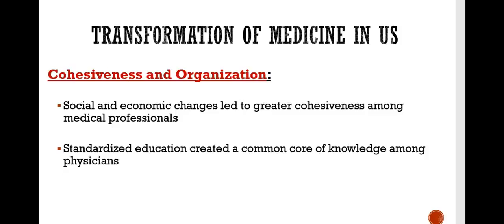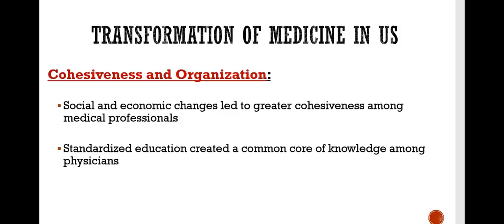Then we have that autonomy and organization, or cohesiveness and organization. So social and economic changes led to greater cohesiveness among medical professionals. Standardized education created a common core of knowledge among physicians. There was specialization, education reform, and professionalization that led to the need for patient referrals between physicians. They're working together.